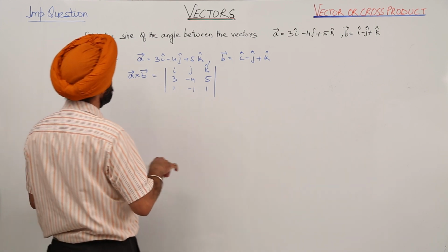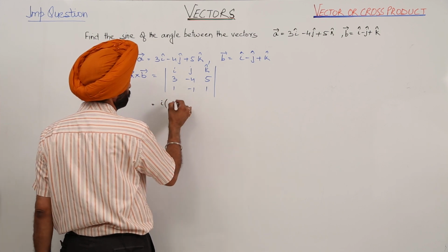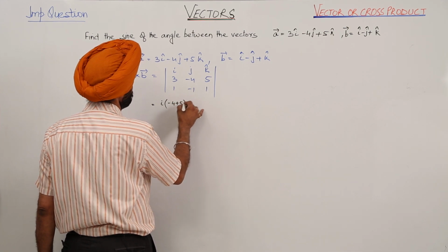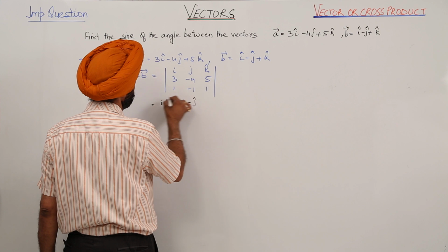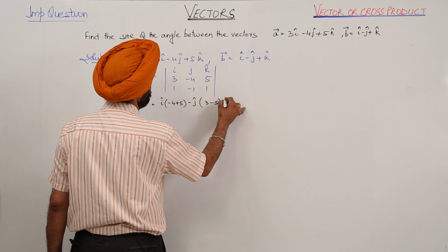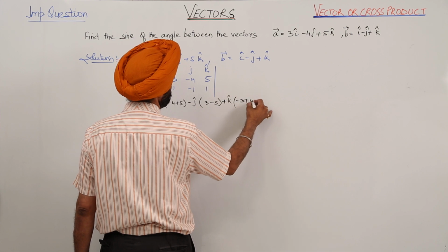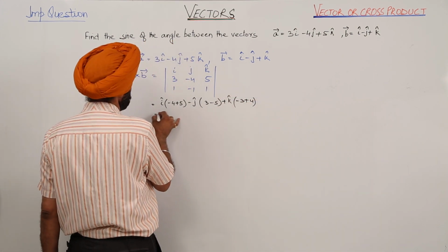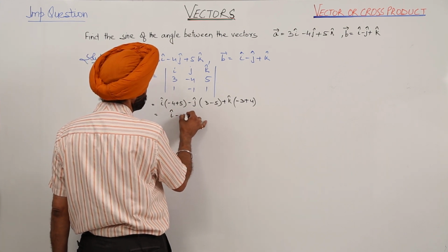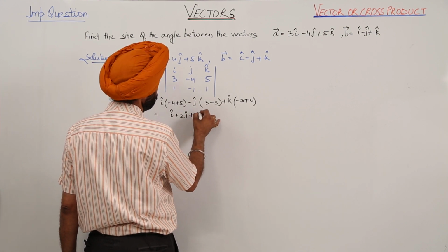Now solving this one: i cap with, negative of j cap, plus k cap. The result is i cap plus, sorry, positive of 2j cap plus k cap.